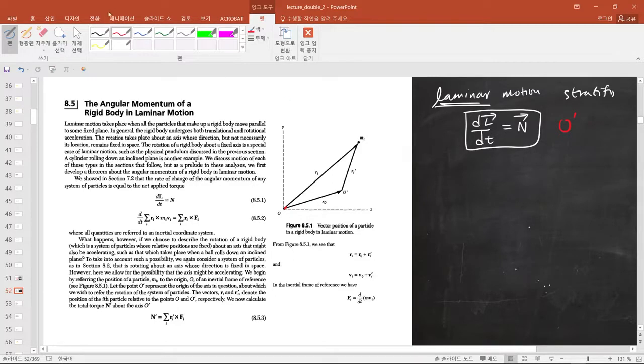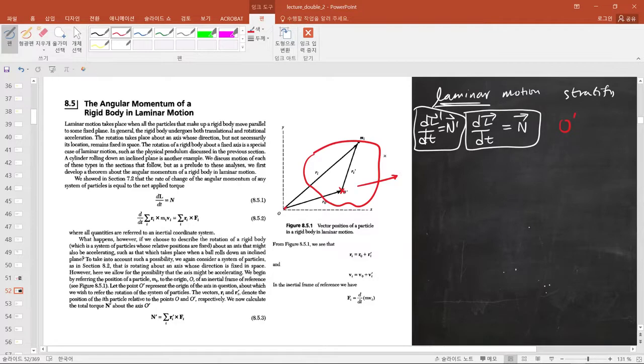Then with respect to this reference frame O prime, can you also use dL prime over dt is equal to N prime? Okay, so this equation is with respect to an arbitrary point. Okay, this could be the center of mass, for example, the center of mass accelerating, things like that.